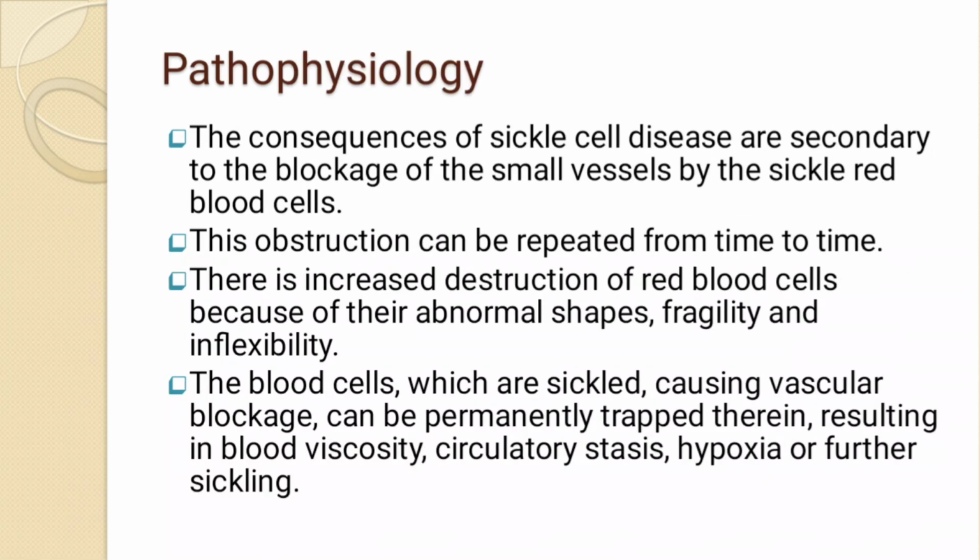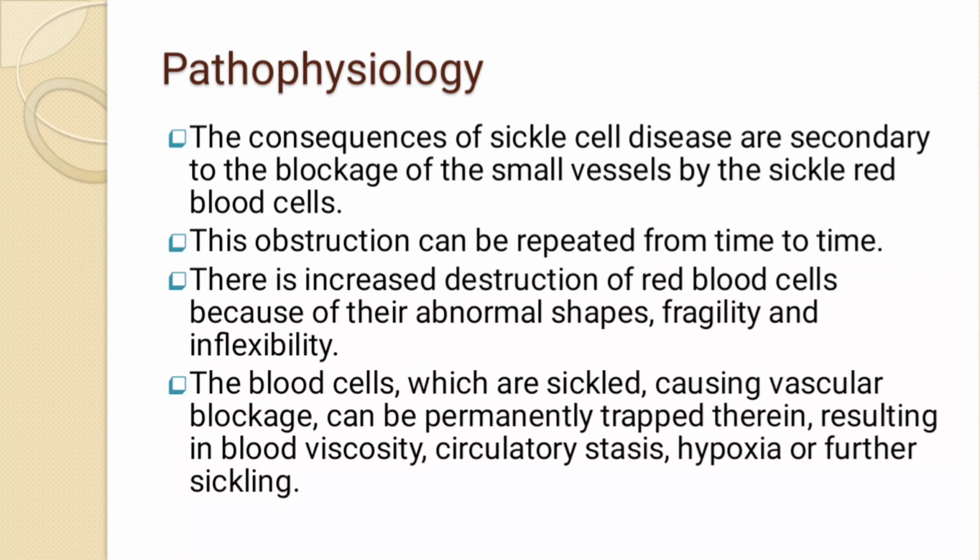Pathophysiology. The consequences of sickle cell disease are secondary to the blockage of small vessels by the sickle red blood cells. This destruction can be repeated from time to time. There is increased destruction of red blood cells because of the abnormal shapes, fragility, and of course the inflexibility.